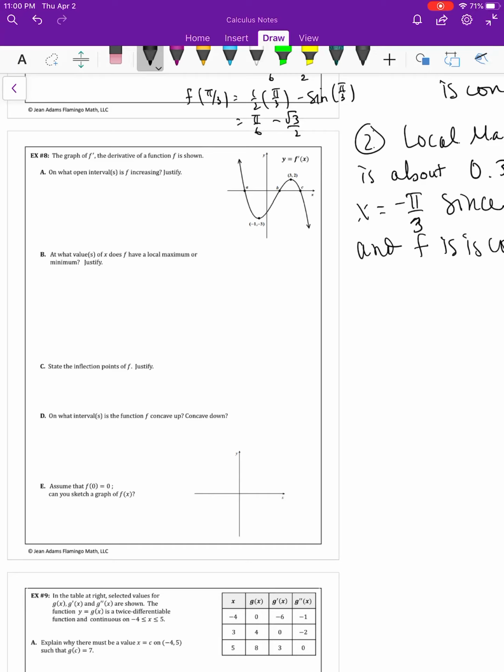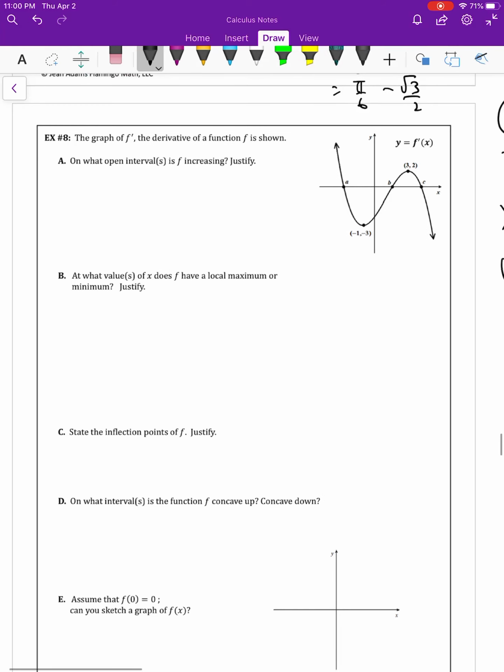Well, they like to give it to you where you have to use it because they don't give you the other stuff to be able to use the first derivative test. Anyway, it's hard to explain, but that's usually on the AP exam.